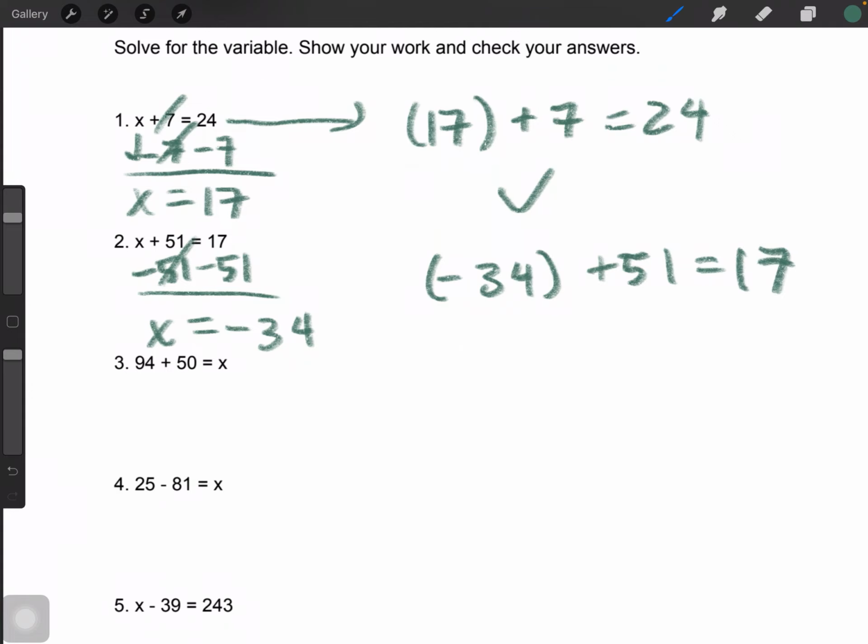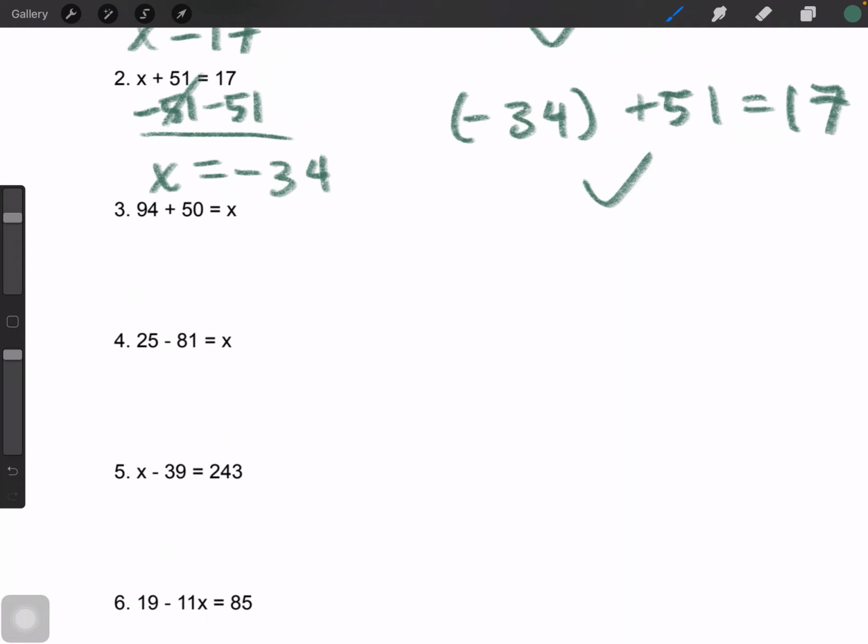Is that true or false? That is true. Okay, this one is pretty straightforward because it's like any other addition problem that you will ever have. It just is asking us to find out what 94 plus 50 equals, because whatever that number is equal to x. So we can just think of this as 90 plus 50, which gives us 140, and add 4. So we have 144.